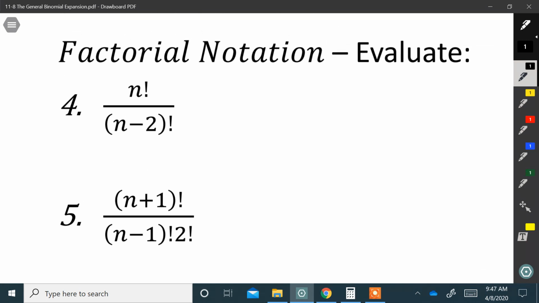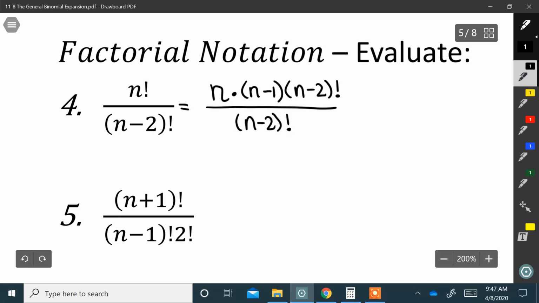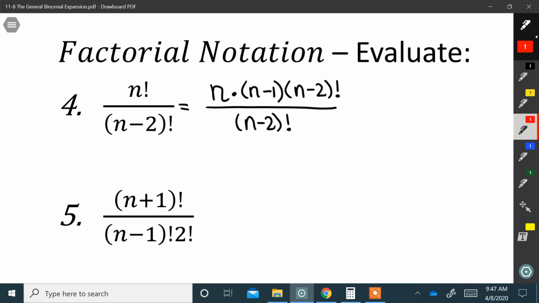Let's go ahead and do this one here. Let's simplify this. Remember, the top we can start as n, then n minus 1, and then n minus 2 factorial. And then we have n minus 2 factorial on the bottom, and we're able to cancel this and this right here.